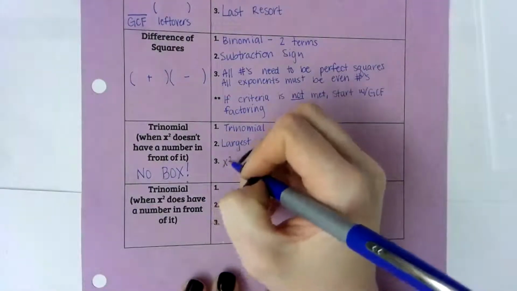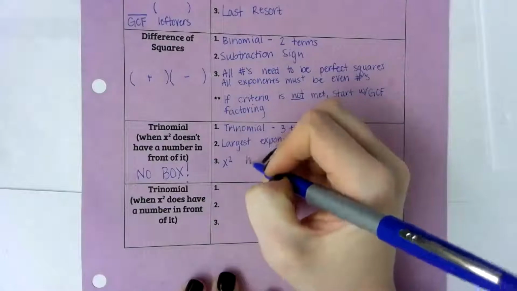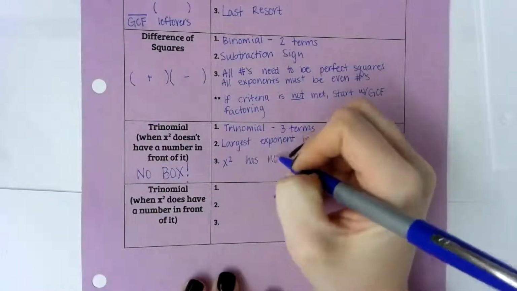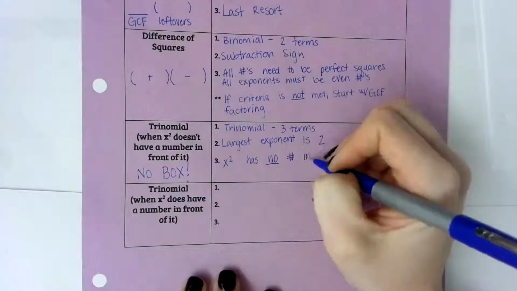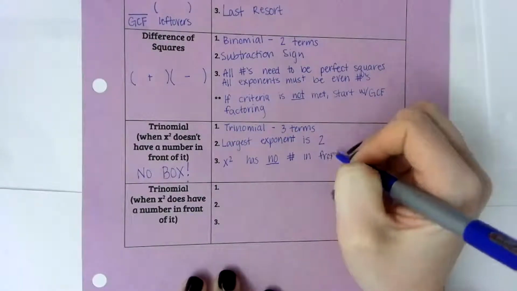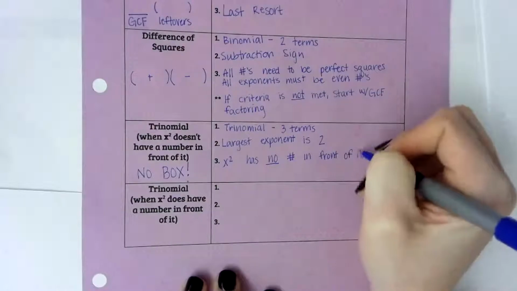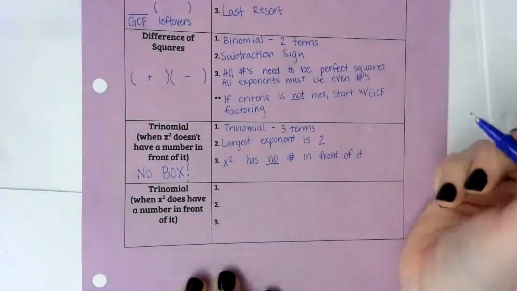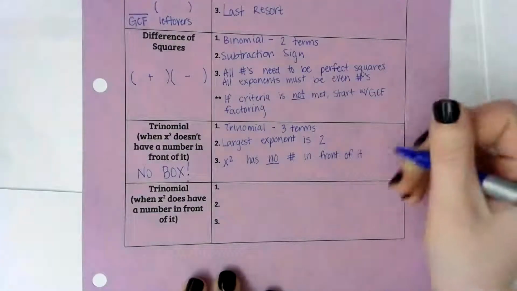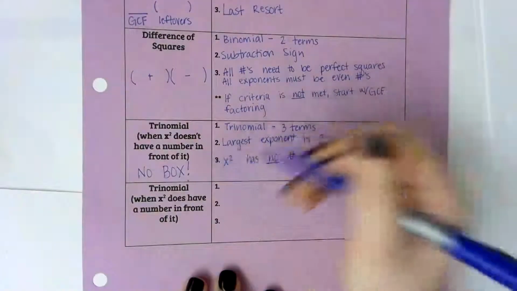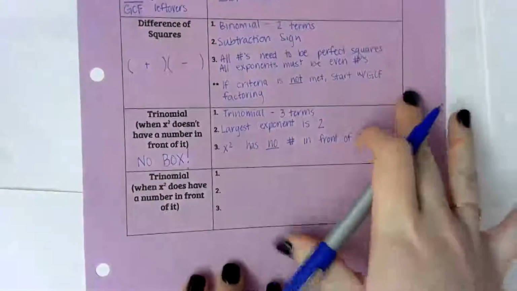And your x squared has no number in front of it. Which means that there's actually like an invisible one.